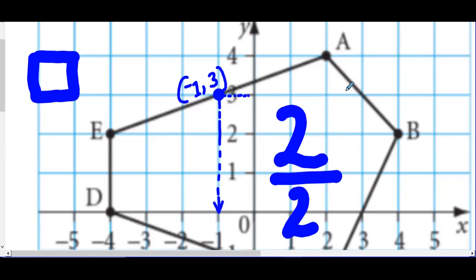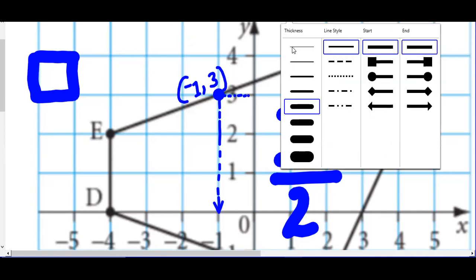So it means that the midpoint of this side, A to B, will be 1 box from A or 1 box from B. So the midpoint will be somewhere there. That is your midpoint. So you record the coordinates.